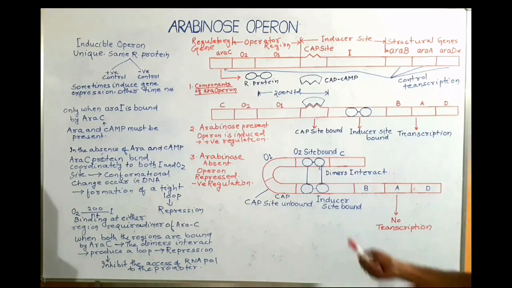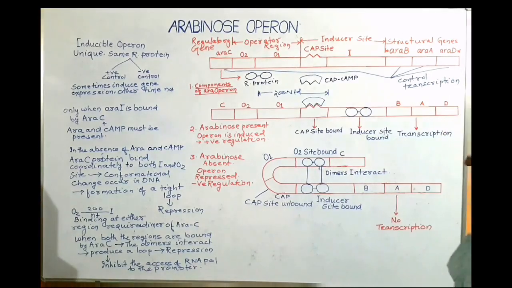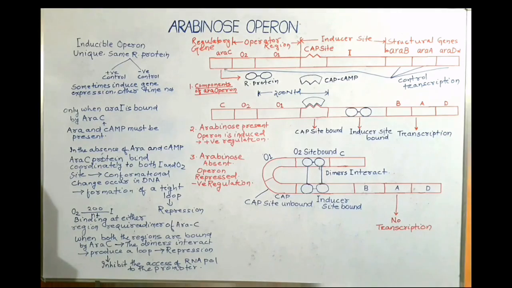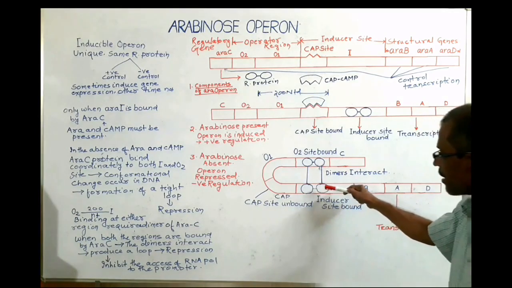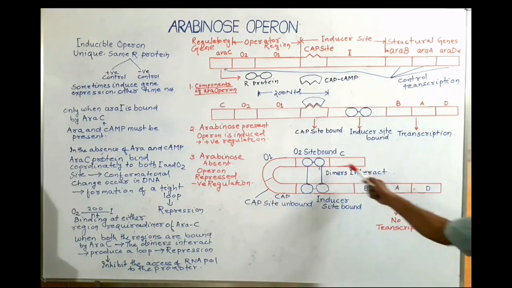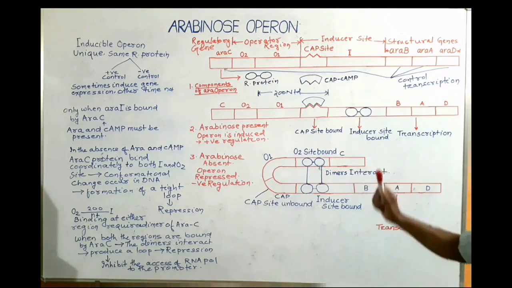For binding at either of the regions, to O2 or to the I site, a dimer of araC is required. But when both the regions are bound coordinately by araC, these two dimers interact, which leads to the formation of a loop. And this tight loop causes repression of the arabinose operon, because this tight loop inhibits the access of the enzyme RNA polymerase to the promoter.